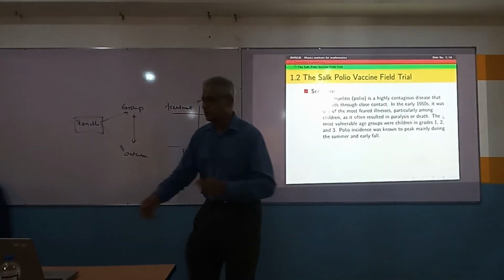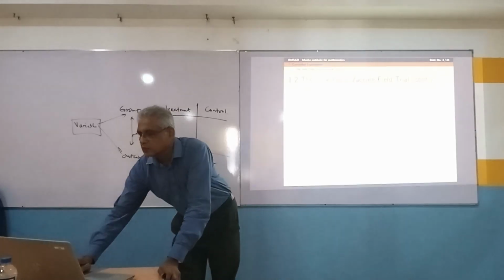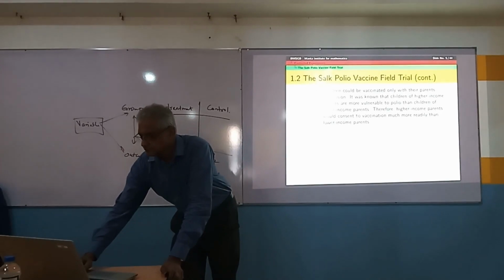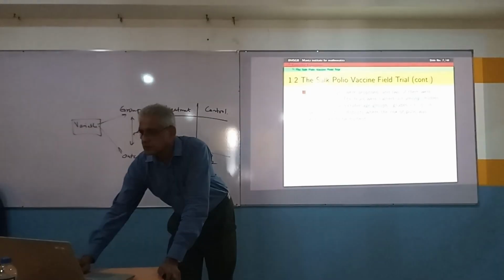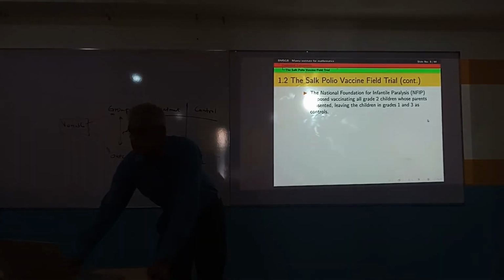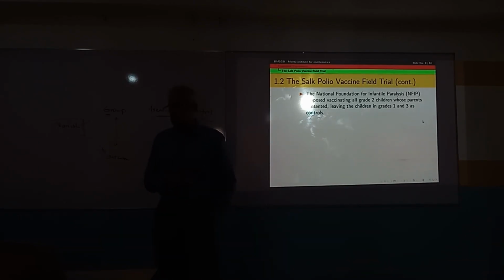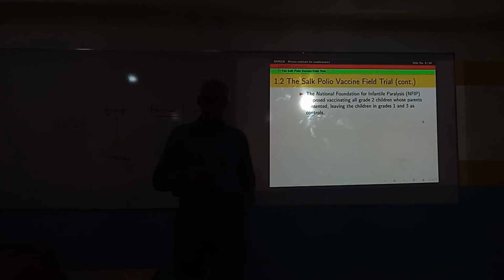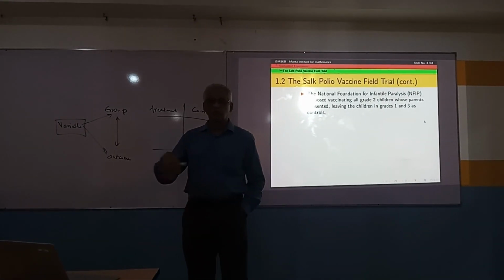One was carried out by one group. That is called the NFIP design, National Foundation for Infantile Paralysis. Now, remember I told you that this polio is prevalent more among children.